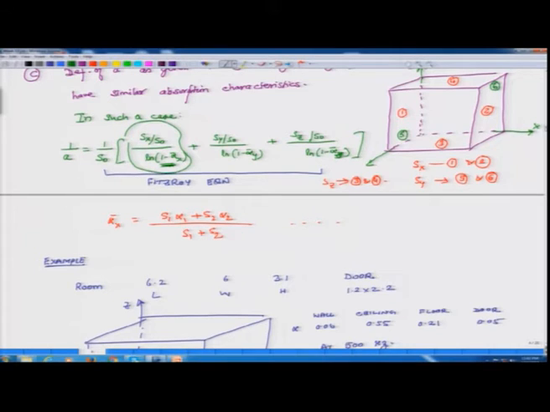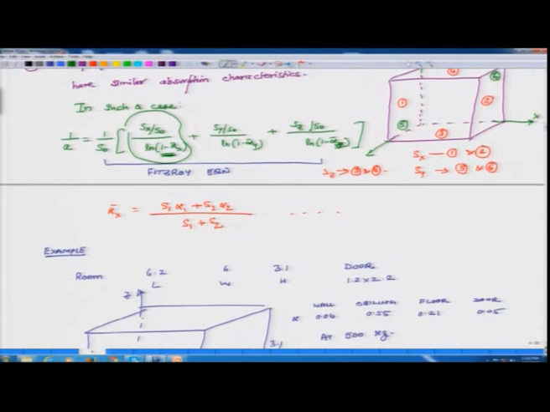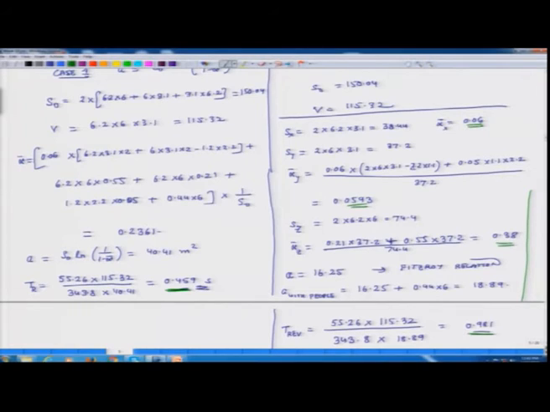So, if I have to increase A, I have to increase my alpha bars. Now, alpha bars are already reasonably large for the z direction, but for the y direction and x direction it is small.